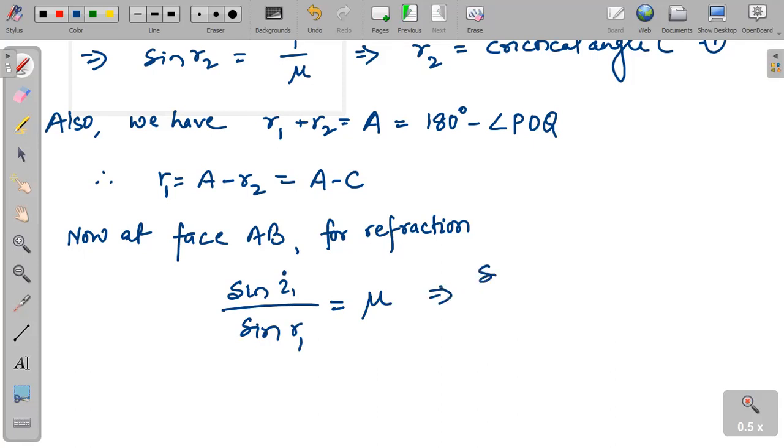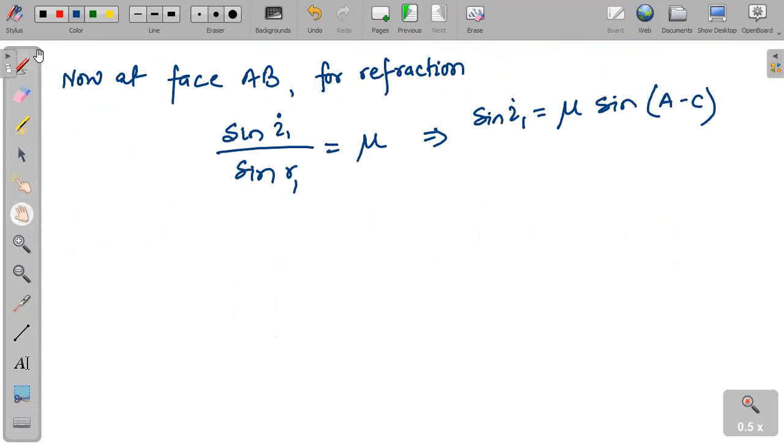That implies sin I1 is equal to mu into sin R1, and in place of R1 I will write A minus C and open this bracket.